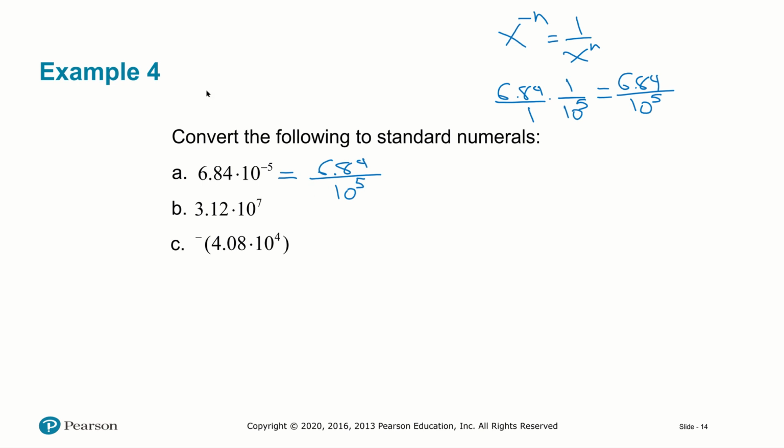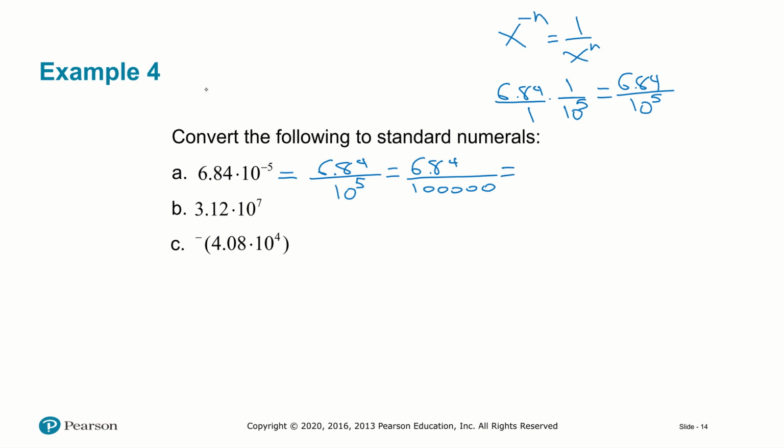And of course, we know that that means 6.84 over a 1 and 5 zeros, right? So we know that when we divide by this power of 10, which has a 1 and 5 zeros, we're going to move the decimal 5 units to the left, 5 digits to the left.